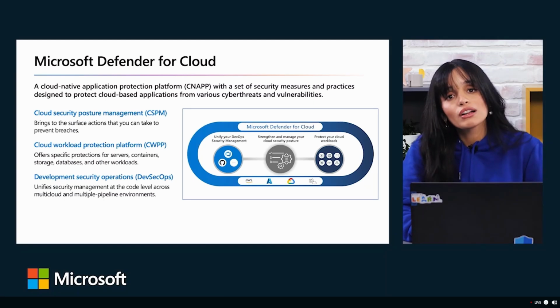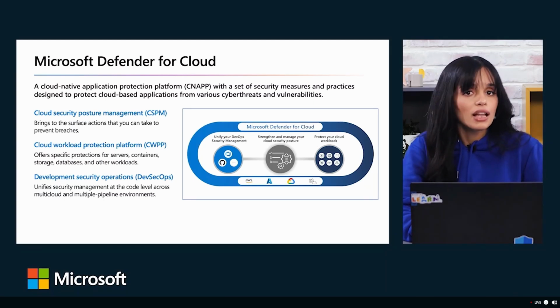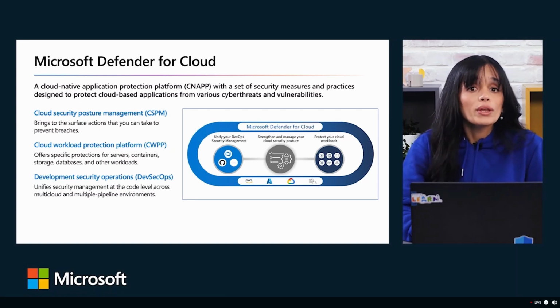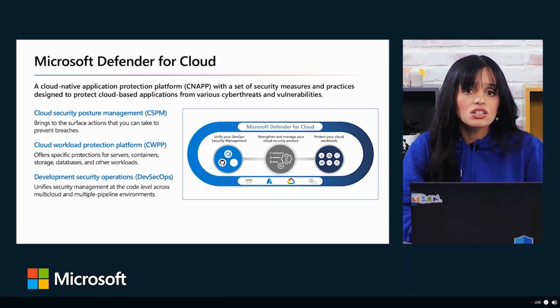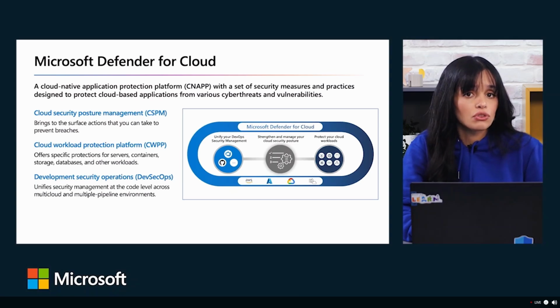Microsoft Defender for Cloud is a cloud-native application protection platform, CNAPP, with a set of security measures and practices designed to protect cloud-based applications from various cyber threats and vulnerabilities.